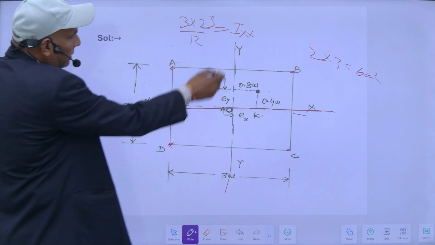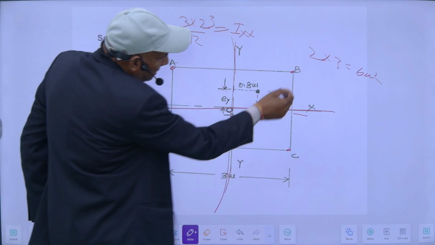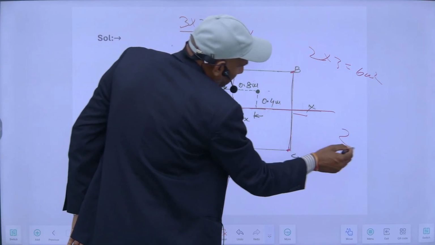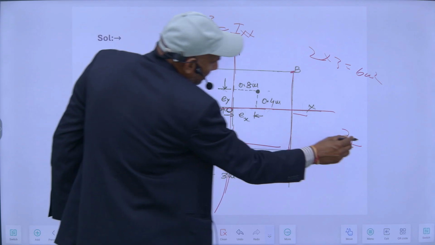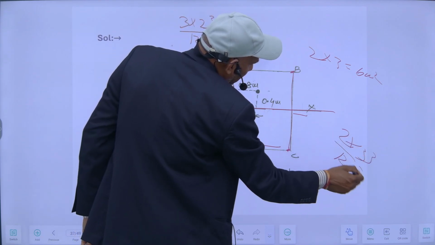And about this axis, it will be 2 into cube of this side, 3, divided by 12, which gives Iy.